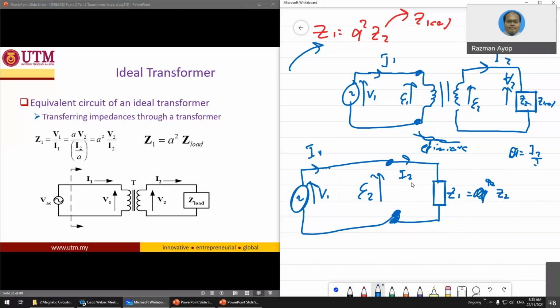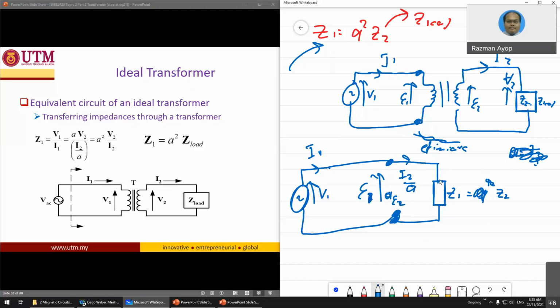So I1 is I2 divided by a. Make sure you are careful because this keeps changing. And E1 is equal to a E2. Sorry, this one is E1, this one is E2.